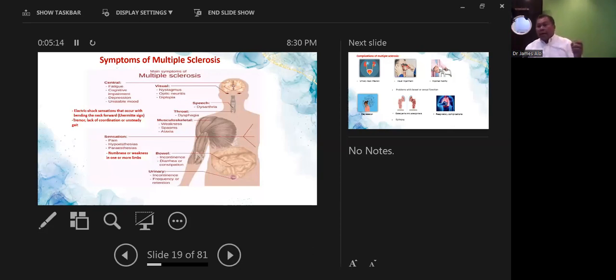And then we have the throat. The patient will manifest dysphagia, difficulty swallowing, complaining it's hard to ingest something. And then we have the musculoskeletal.